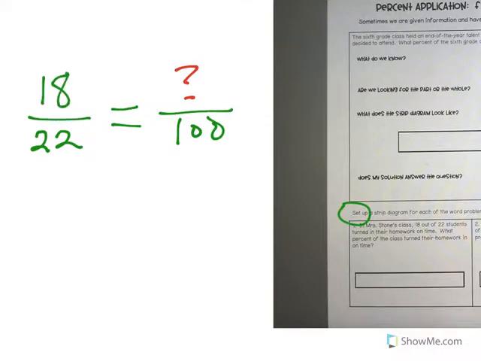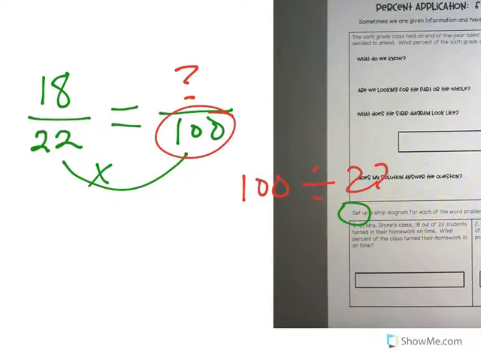Okay. Well, same thing we did here. I need to go from here, 22 to 100, and I can multiply by something. My second number is always what I use here, and it's 100 divided by 22. And I could get a calculator out for that if I want, or I could just do it by hand, that's fine too. And so 22 times 4.55 is the answer there.